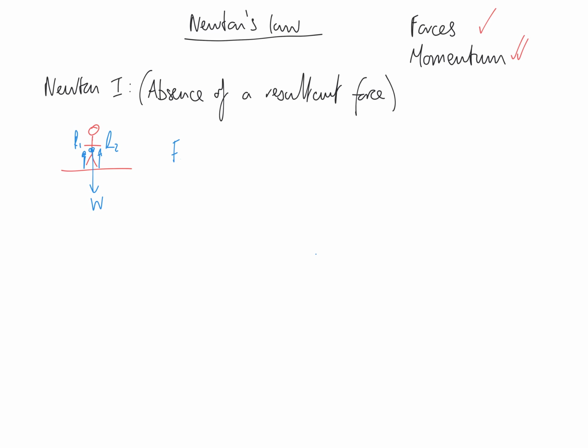In this situation, what's the resultant force, Fr? Well, it's going to be the weight minus R1 minus R2. Now that looks really algebraic, but what I'm trying to show you is that actually they add up to be 0. I have a weight acting down, and I have two reaction forces acting up, which cancel each other out.